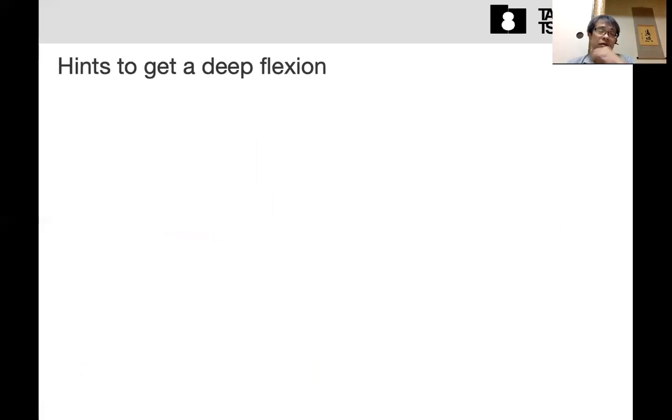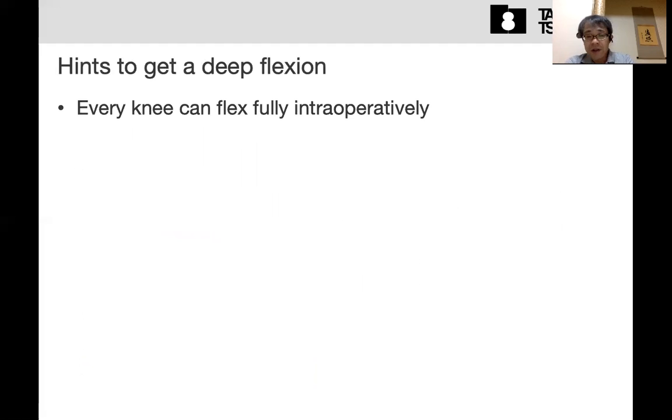Another hint to get deep flexion angle: one fact is that every knee can flex fully intraoperatively. I haven't seen a knee that can't get full flexion intraoperatively.